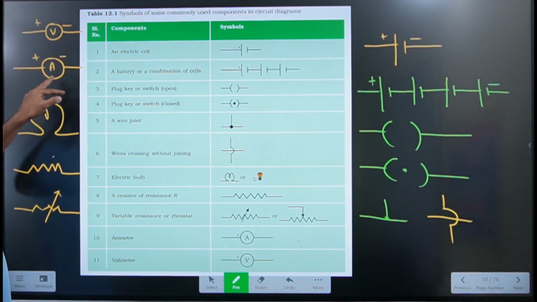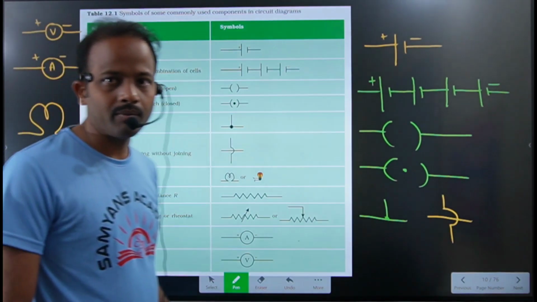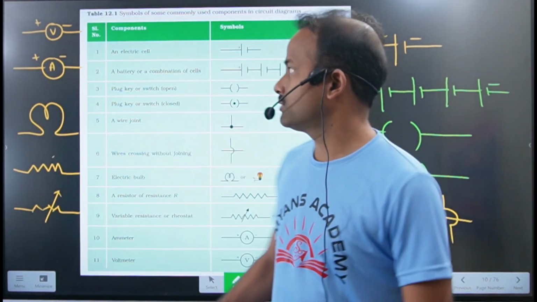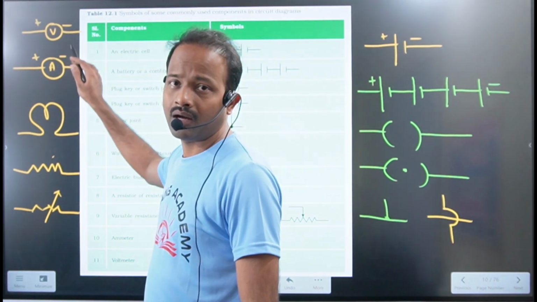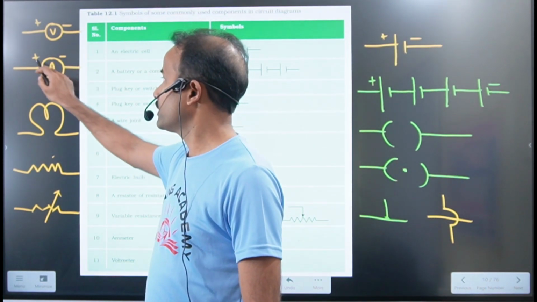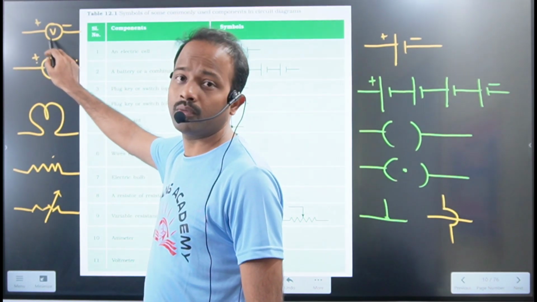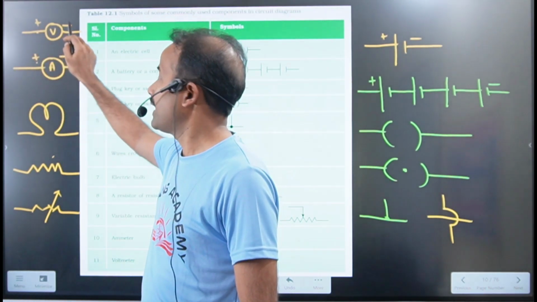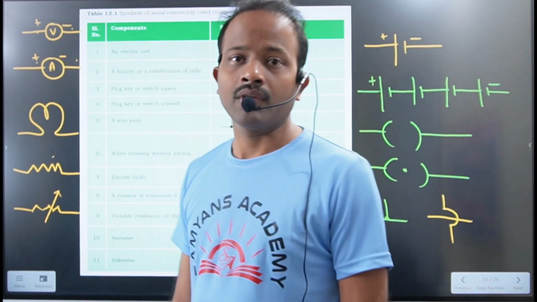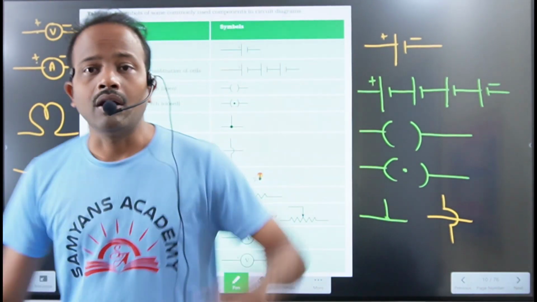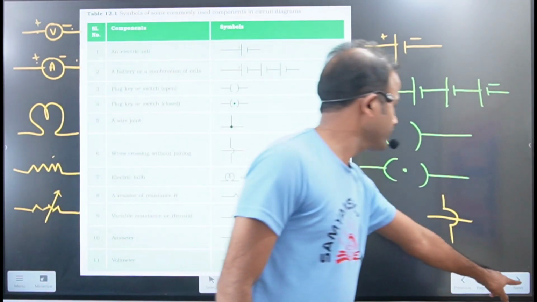This is a voltmeter and this is an ammeter. When you indicate the ammeter symbol with the letter A, you have to put positive on this side and negative on the other side. Here also in the voltmeter, this side positive and this side negative. Is it clear, everyone? Now move on to the next slide.